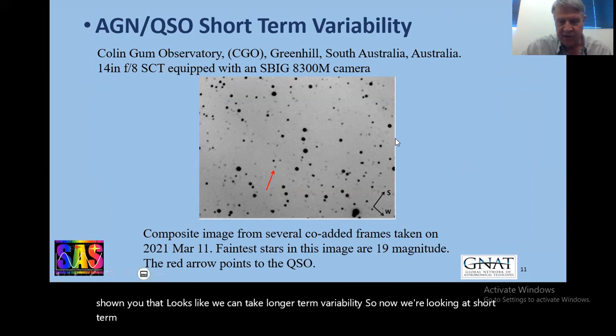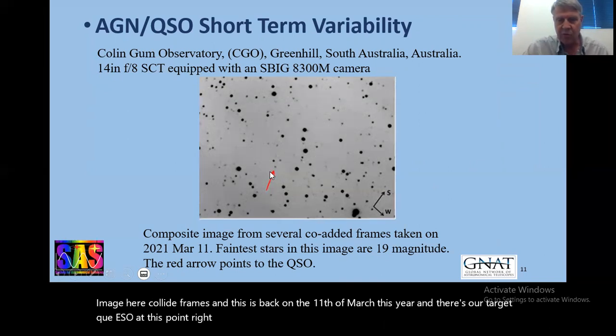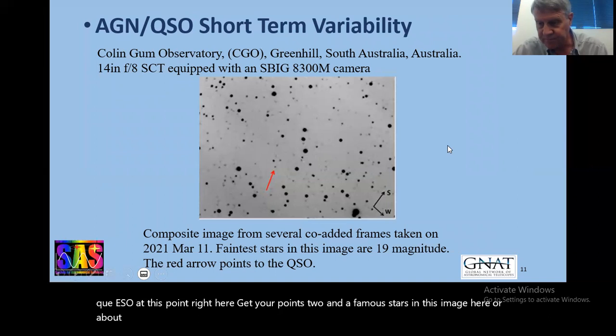So here's a composite image, co-added frames, from the 11th of March this year. And there's our target QSO at this point right here, where it points to, and the faintest stars in this image are about 19th magnitude.